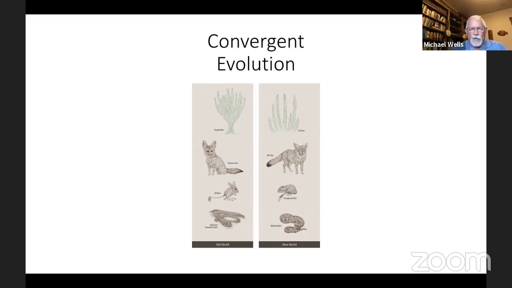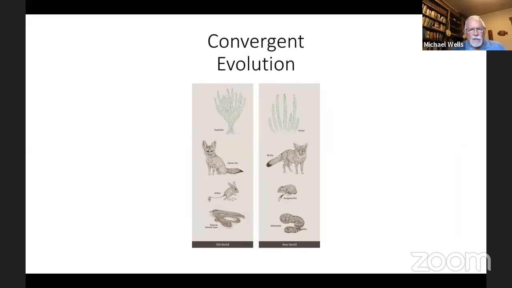It is a New World family. However, some plants within the euphorb family have radiated into niches that are occupied by cactus in the New World. And so if you go to a place like Tanzania, you can see the candelabra tree, which is pretty much a dead ringer for the organ pipe cactus, even though they're in different families.